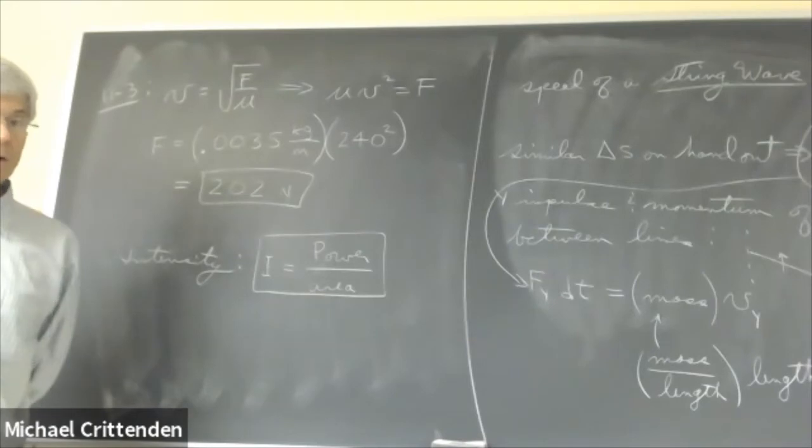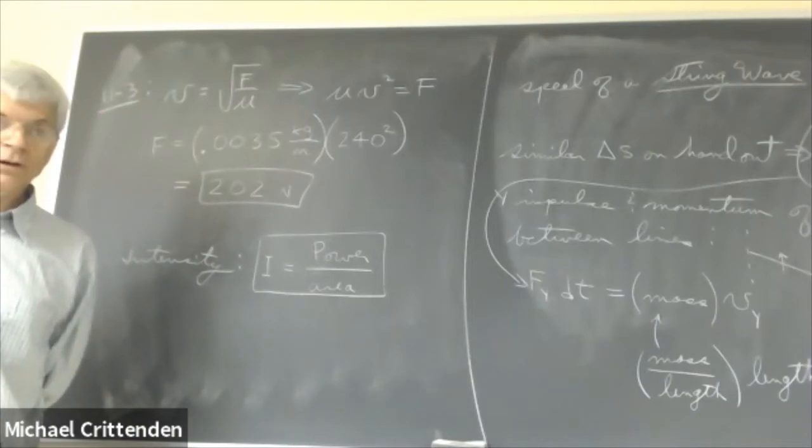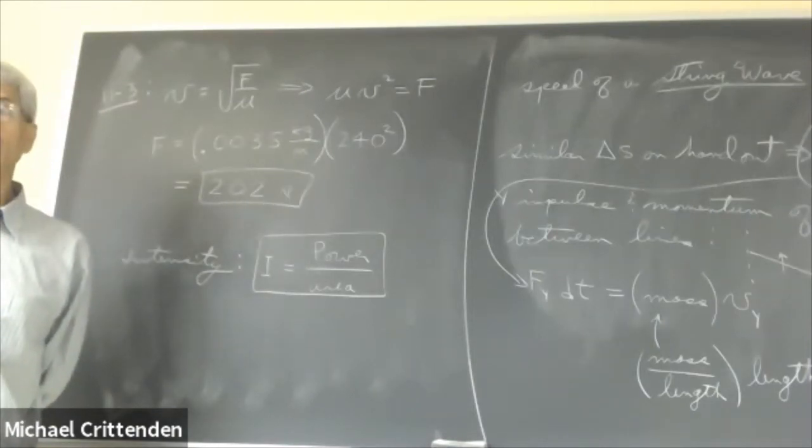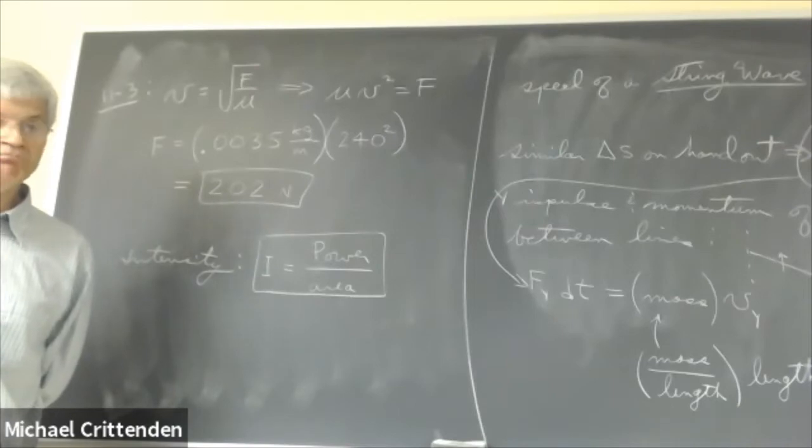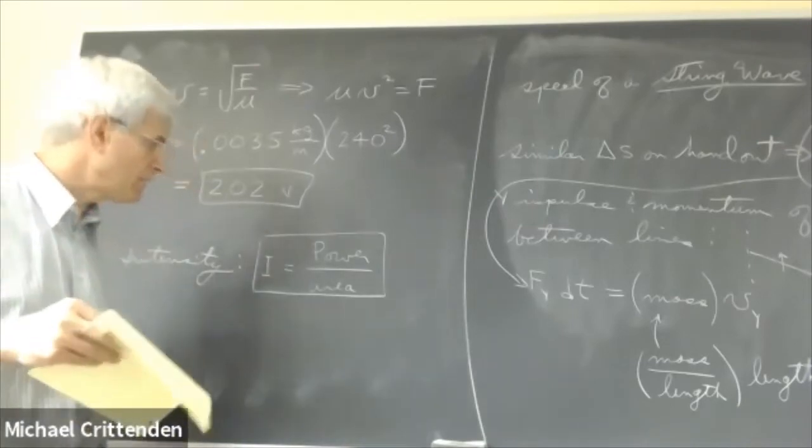I'm assuming here a wave that's propagating in 3 dimensions, like light moving away from a light bulb or sound moving away from me as I stand here talking about it.